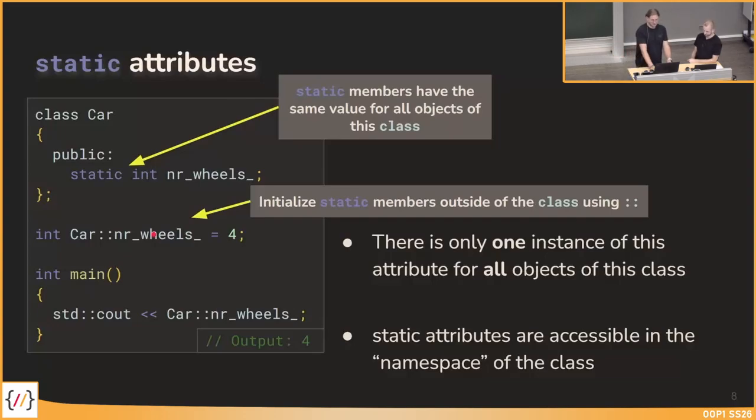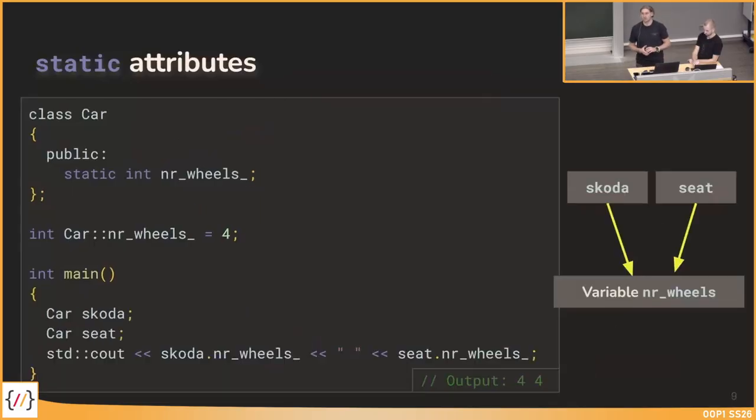Yeah, so accessing it is simply done by using the namespace. In this case, it's the class name, and then using the scope resolution operator. So yeah, quite useful. It works. It also works if we now create multiple objects or instances of this class.